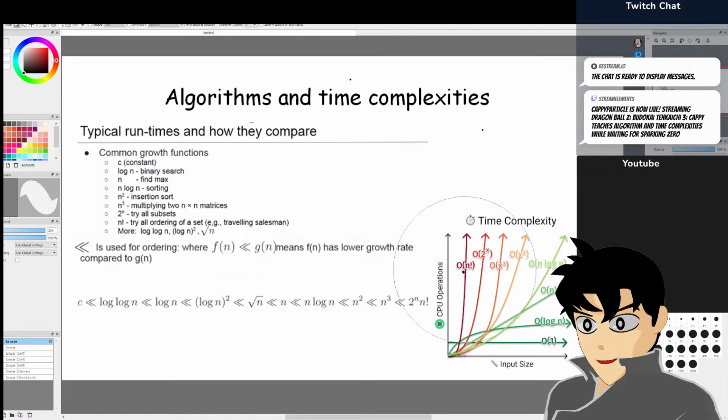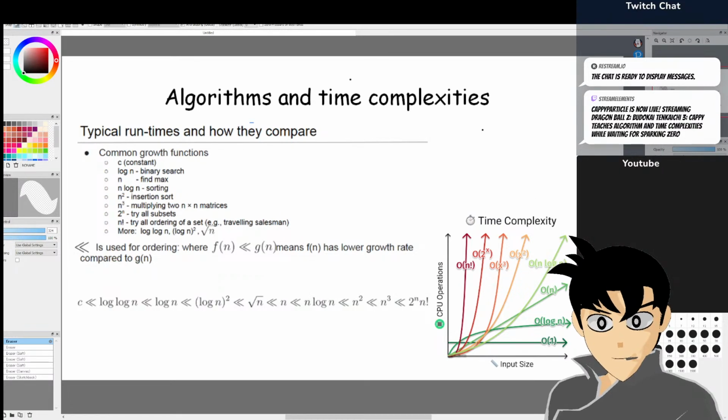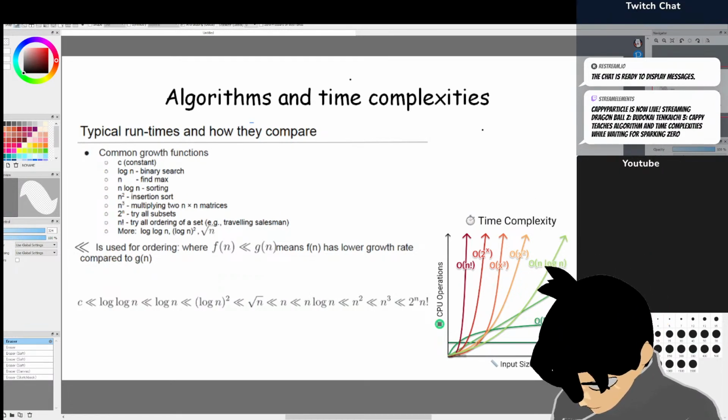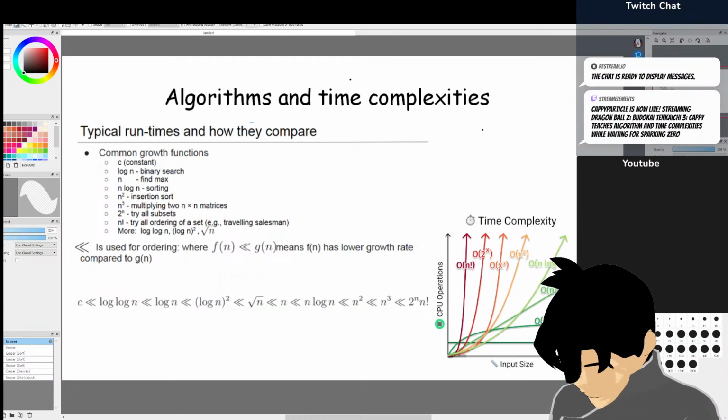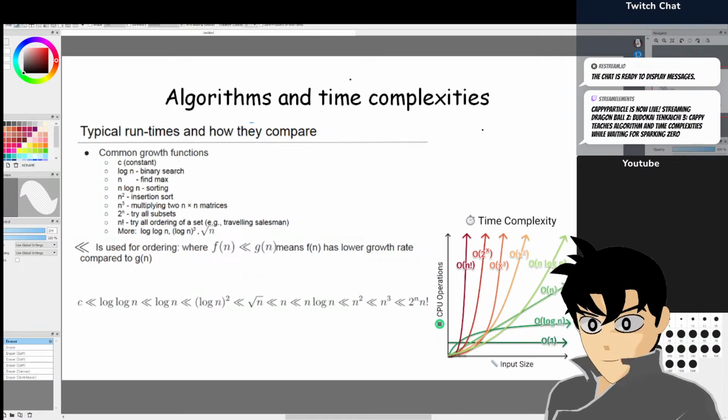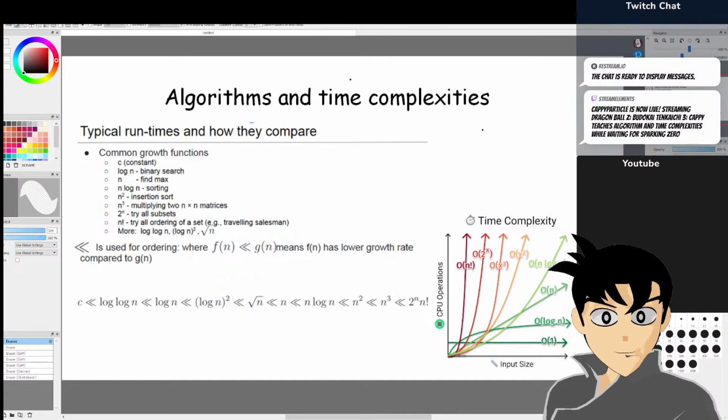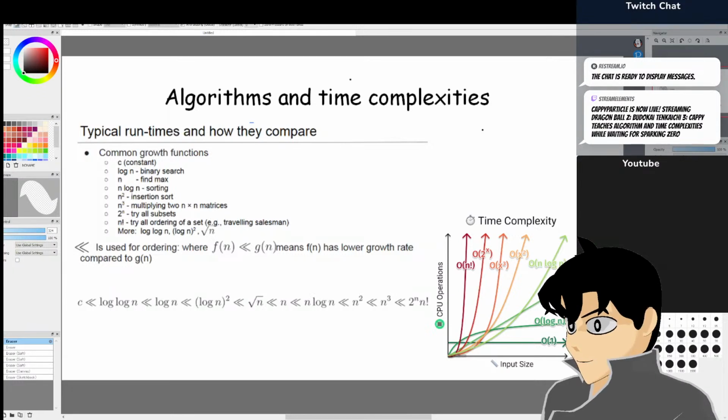Let me pull up an example for n squared. So basically, if you do a nested array, okay?